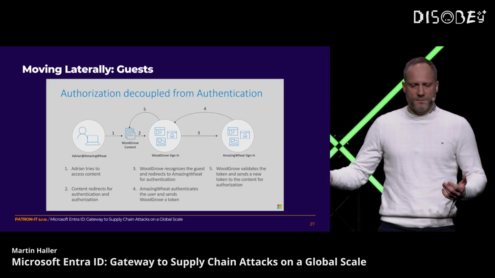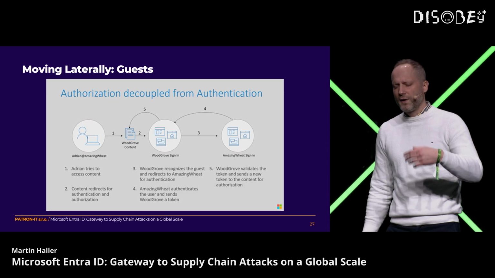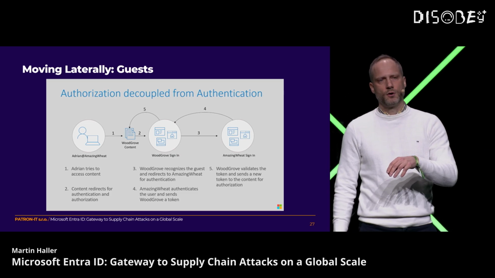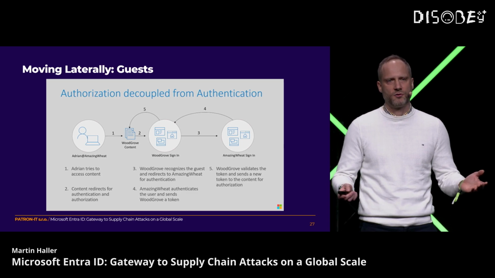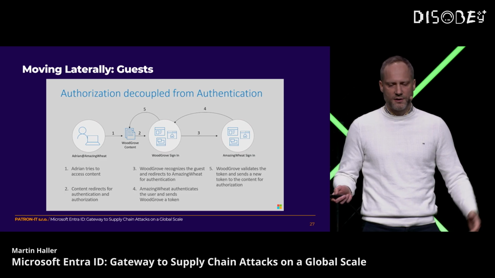And it's a good functionality because otherwise, in the old on-premise days, we would create separate accounts for those people, and they would need to manage several pairs of credentials for everything. And it has some other advantages.